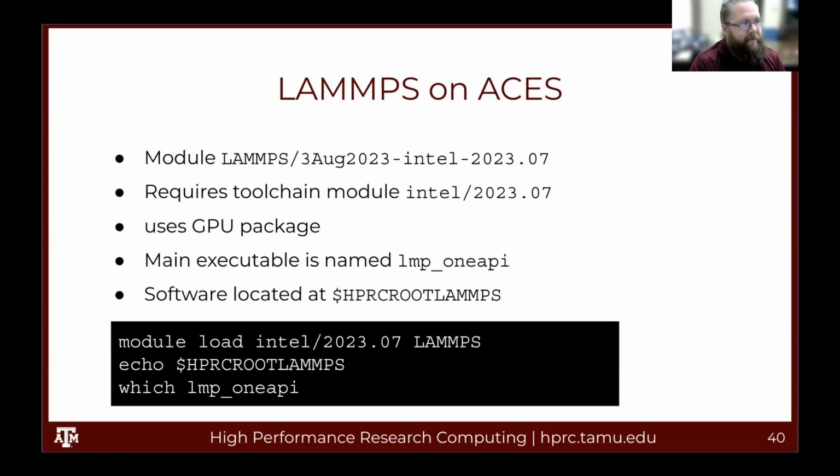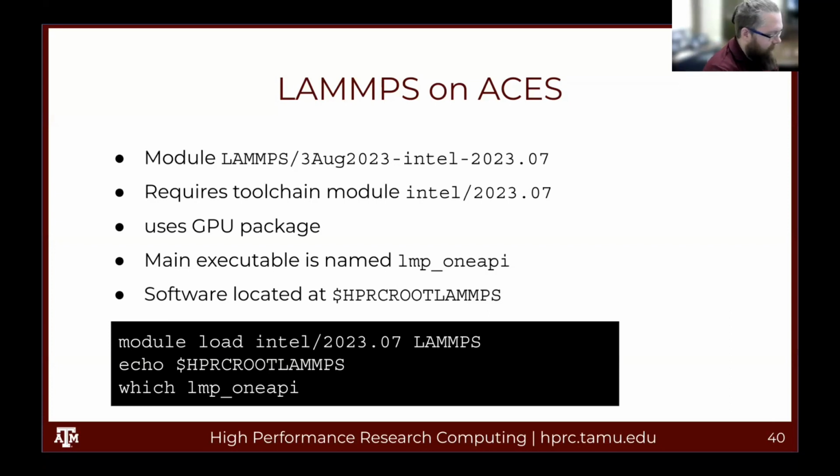And the second phrase, intel 2023.07, refers to the version of the Intel compilers that were used to compile the LAMMPS code into executables. Because the module system on ACES is hierarchical, you must load your toolchain before you load your application. So the syntax is module load intel/2023.07, then module load lammps/3Aug2023-intel-2023.07.